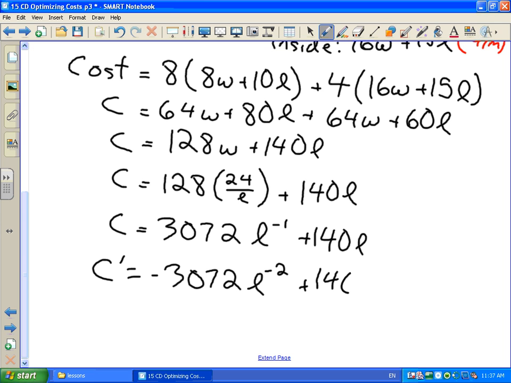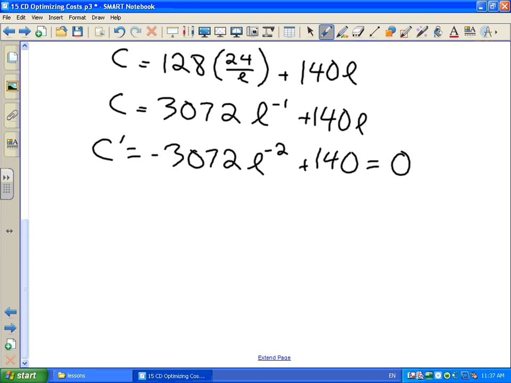All right. Okay. So I got my derivative. I'm looking for a max or minimum. Well, I'm looking for a minimum. So I want to set this equal to 0 and solve for L. So I'm going to keep the 140 on this side. I'm going to bring this first term here over to the other side, and I'm going to get 3072 over L squared.